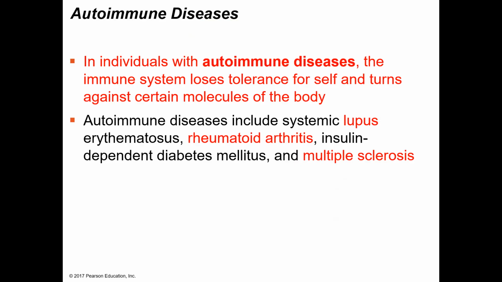Some that you might have heard of are lupus, RA, rheumatoid arthritis, insulin-dependent diabetes, multiple sclerosis, MS. Multiple sclerosis, you probably have heard of, is one where the immune system attacks the myelin sheath, which is found around the axons in neurons in the central nervous system. So the effects or the symptoms that people feel from multiple sclerosis are due to the location of the myelin sheath on that neuron that has been targeted by the immune system.